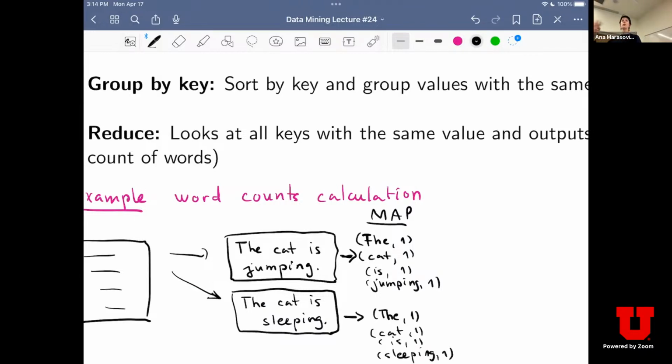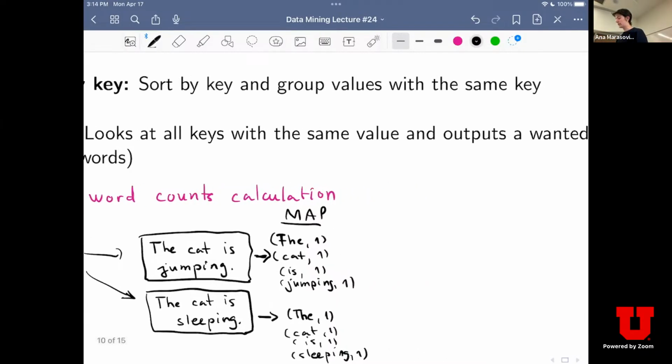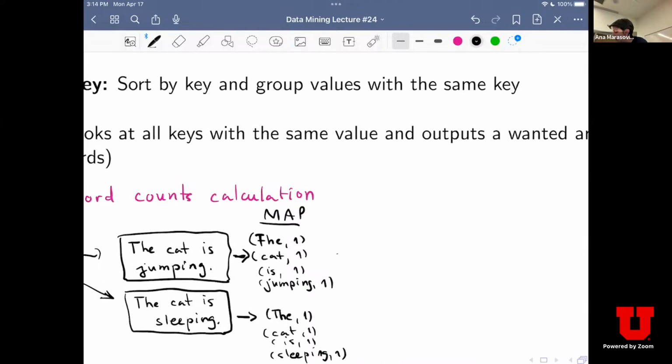So you do the operation at each one of the chunks of data separately. Now with the group by key, you are going to take all the keys that are the same and group them together.